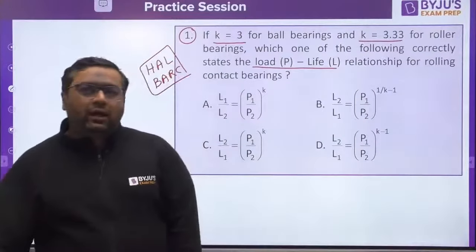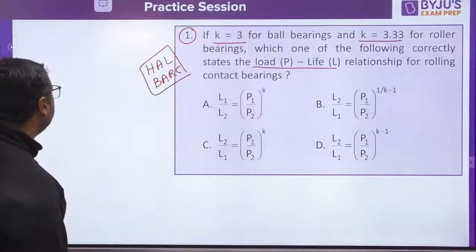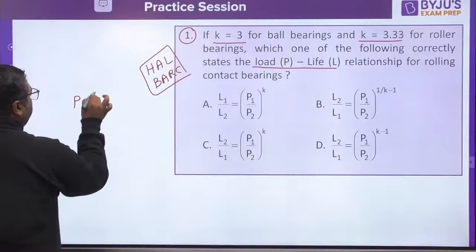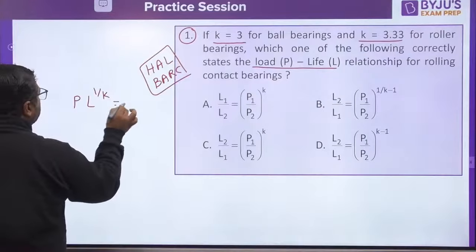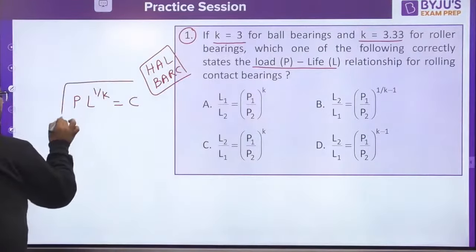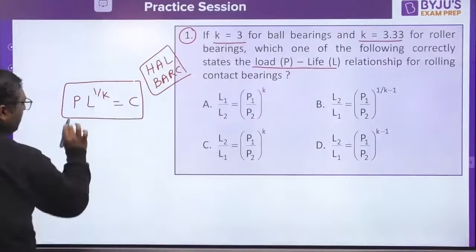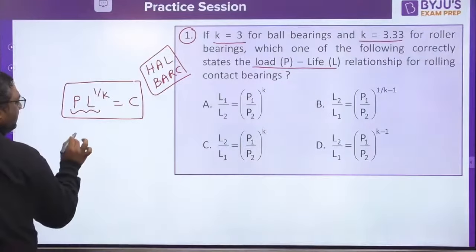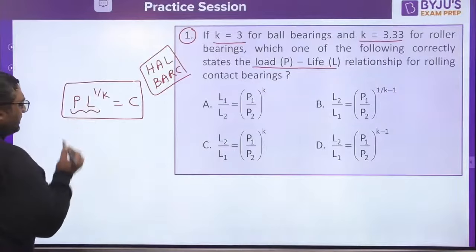So dear, when we are going to see P L to the power 1 by K is equals to constant, this is the relation actually. P and L are in inverse relationship.